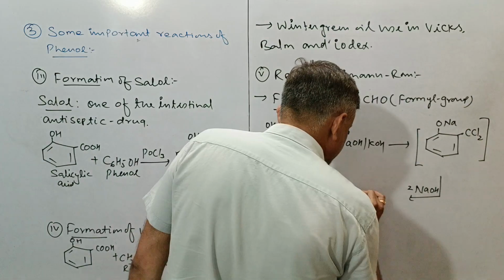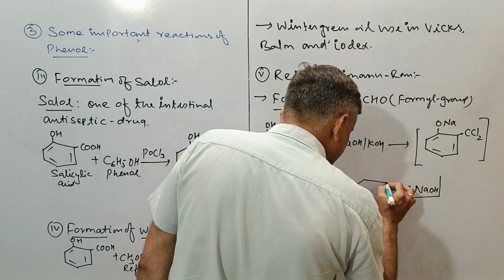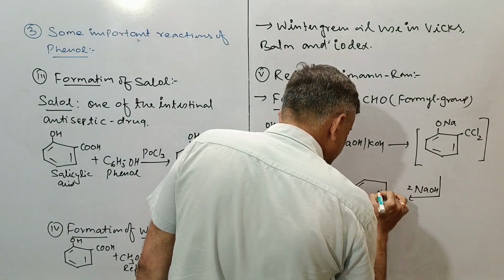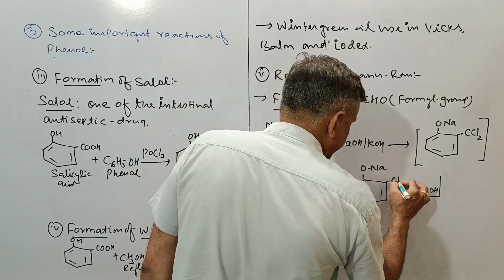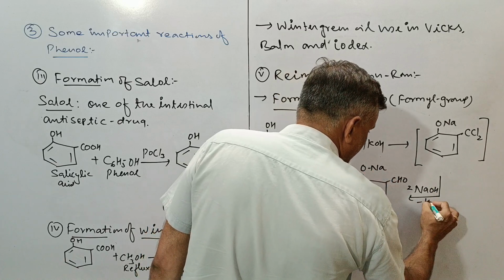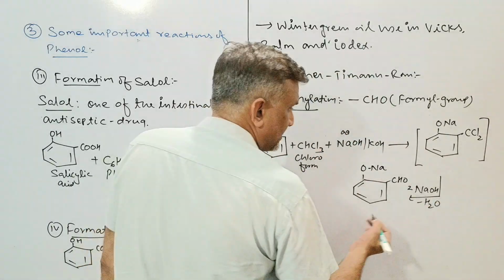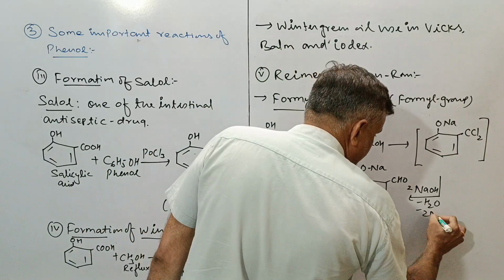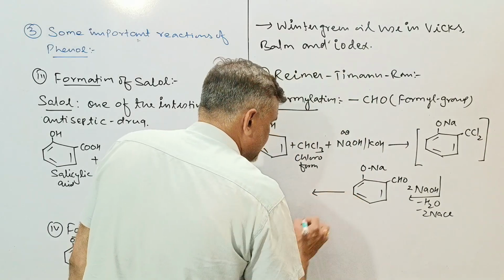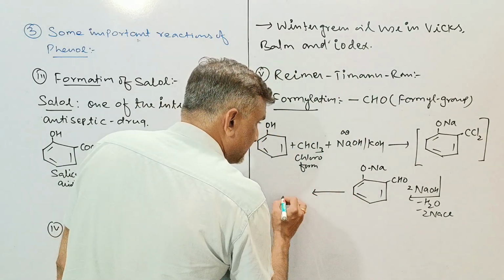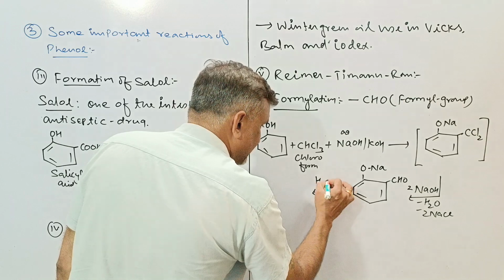This is the sodium salt of salicylaldehyde with the removal of H2 in the form of 2 NaCl also. For this, there will be acidified hydrolysis.